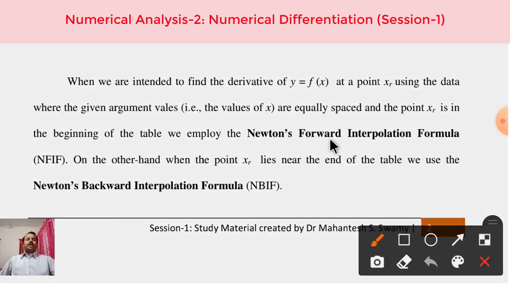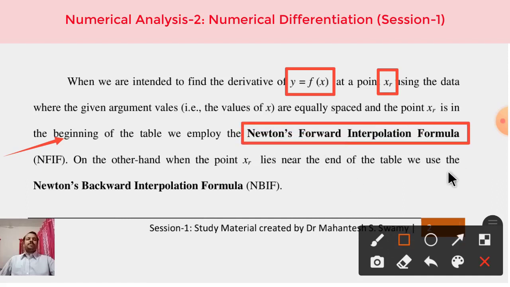If the derivative of y is required at the point xr, which is near the beginning of the table, then we use Newton's forward interpolation formula.